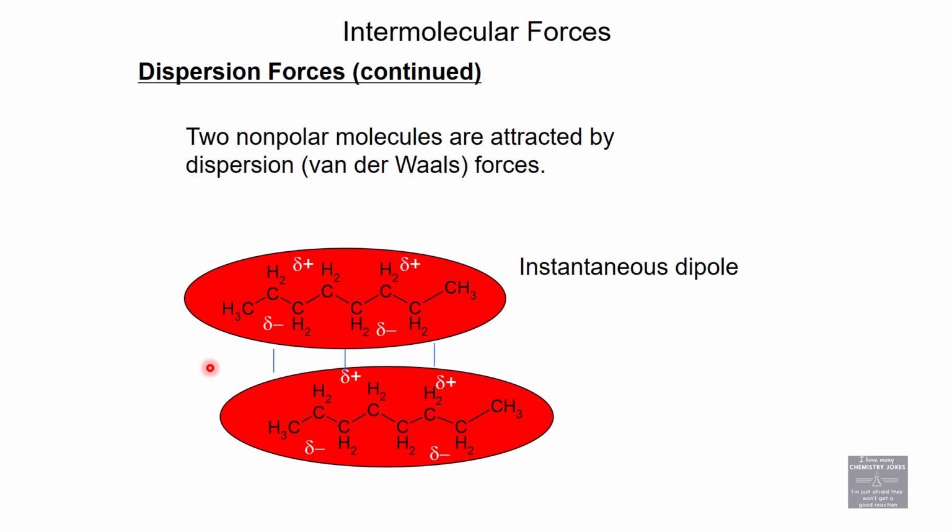It's an instantaneous dipole. Typically, dispersion forces are the weakest. So we've got dispersion as the weakest, and then dipole-dipole next, and then ion dipole, because that's a full positive attracted to a partial, and then we've got another kind.